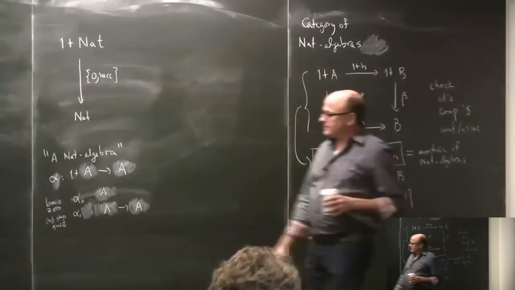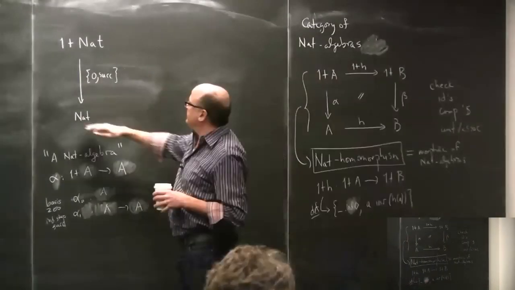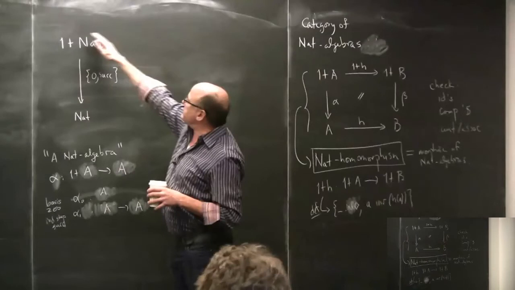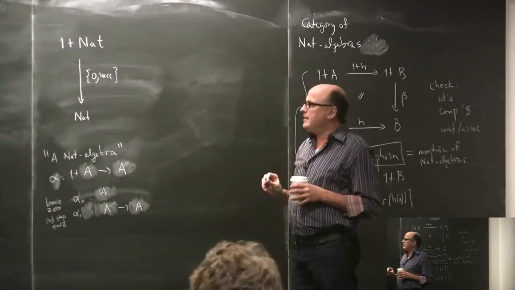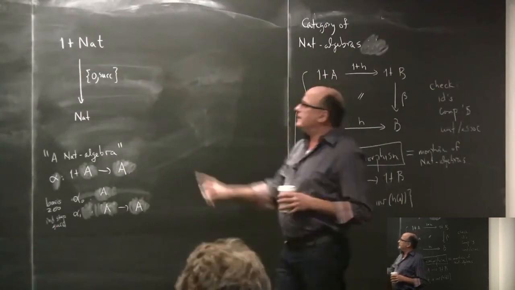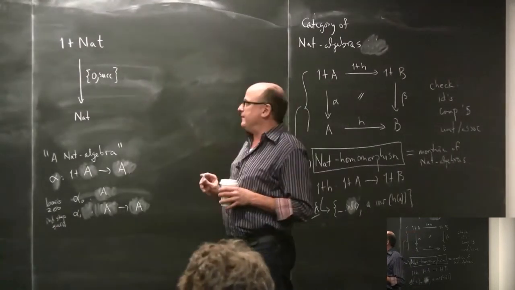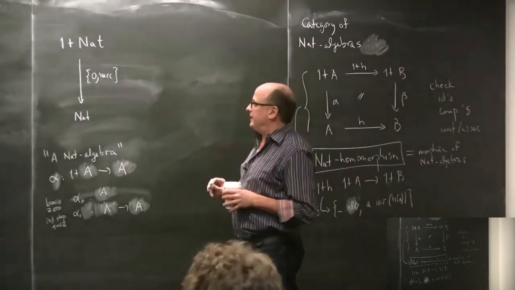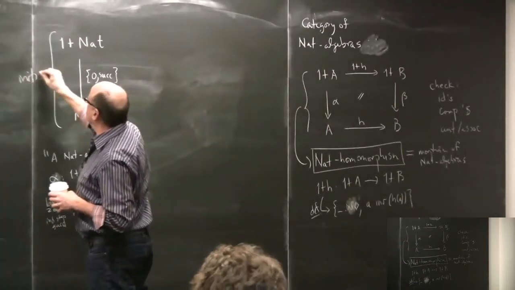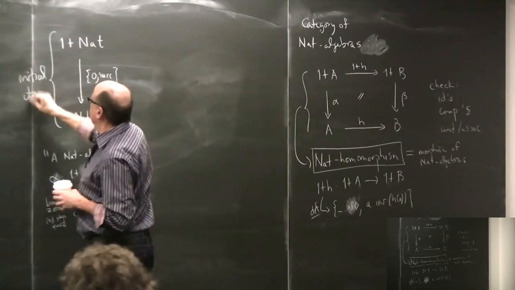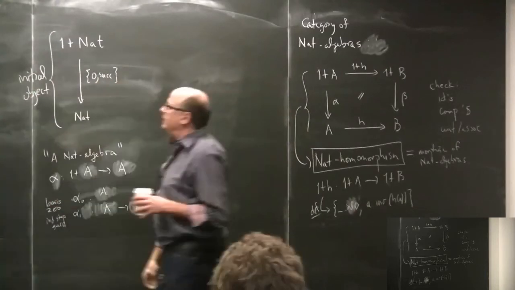So what does that mean? Back to the chase here. This is a particular object in the category of NAT algebras. And the claim is that this is not any old object in the category of NAT algebras, but that this is in fact the initial object in the category of NAT algebras.